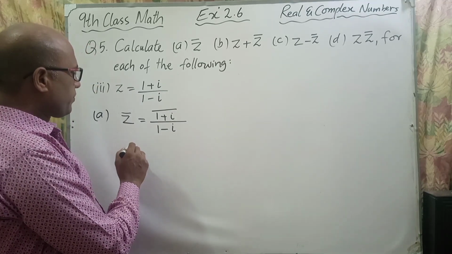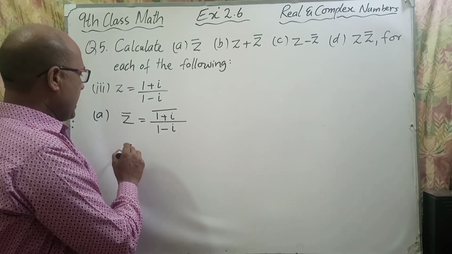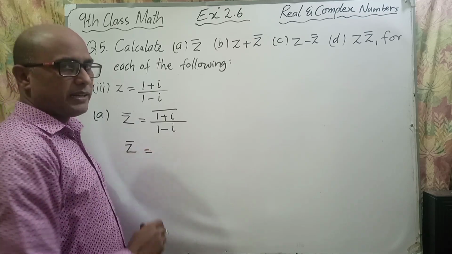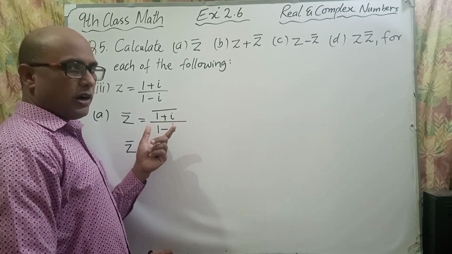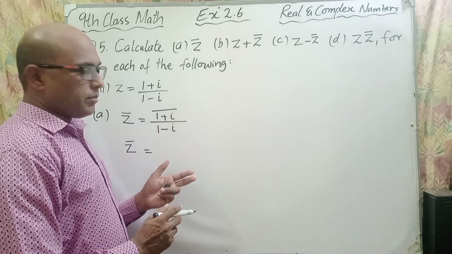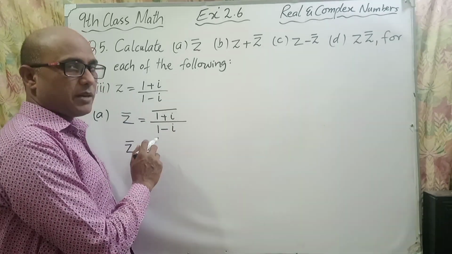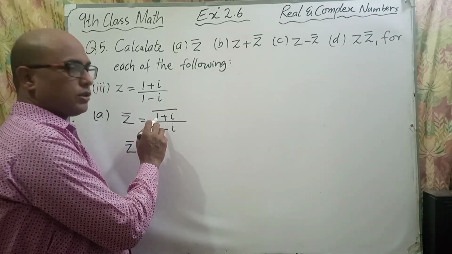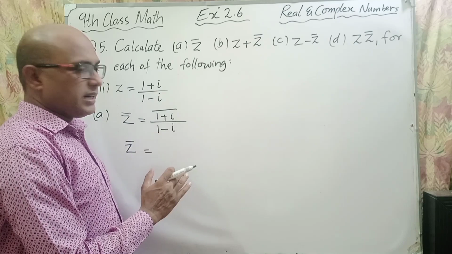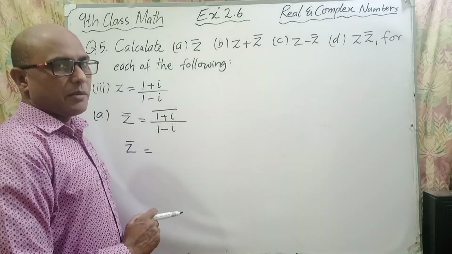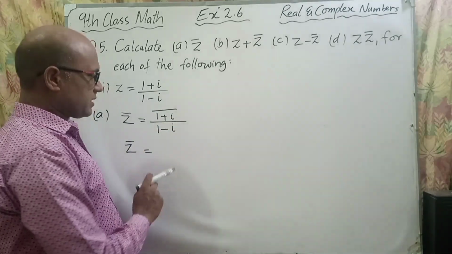So students, as you know very well, if we put bar on any number, as you can see, this is a complex number, so the signs of the iota or the imaginary parts would be changed.